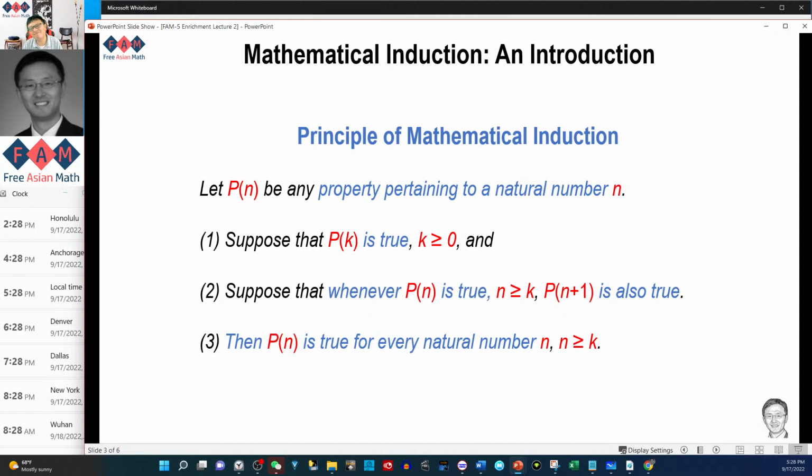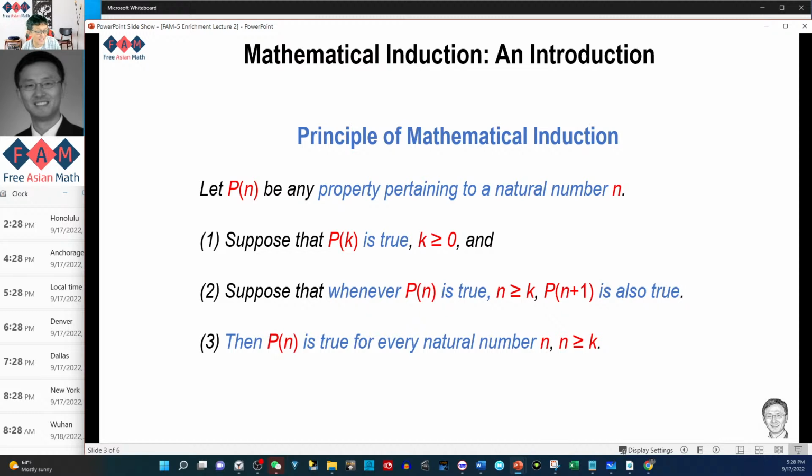That means that because we have infinitely many natural numbers, if this property is true from the very first natural number, meaning from 0, it's true for 0 and 1, 2, that's great. But we allow ourselves sometimes a little bit of flexibility, saying we don't care about the first 3, as long as starting from 4, from that point on, this property is true for all the natural numbers.